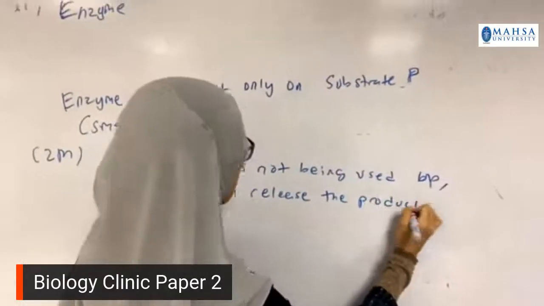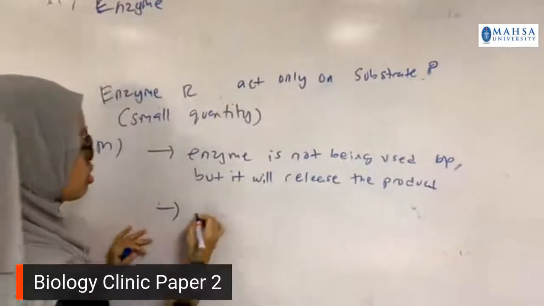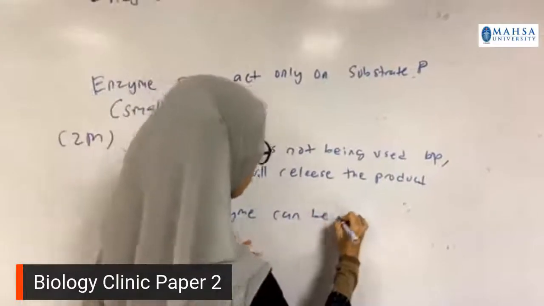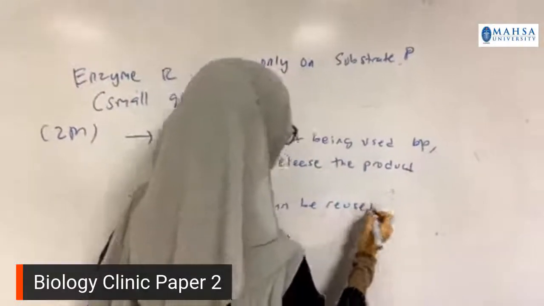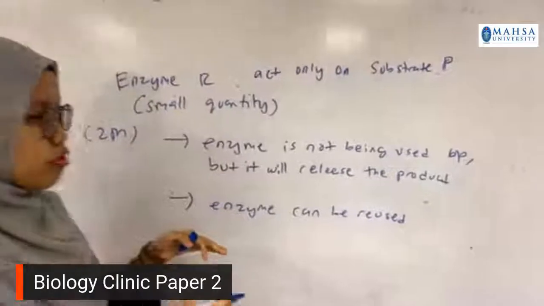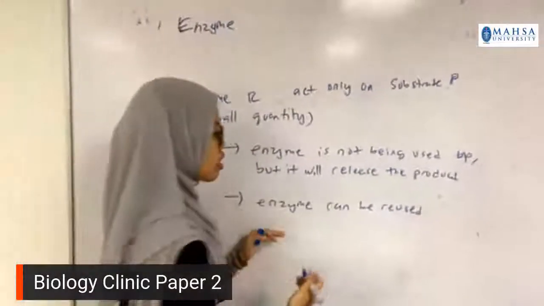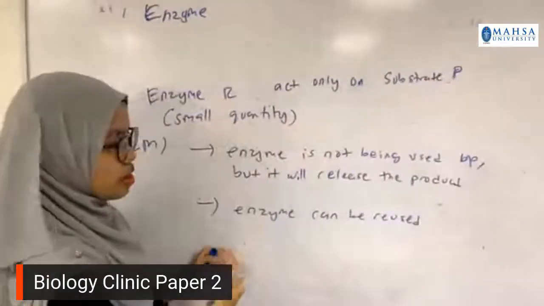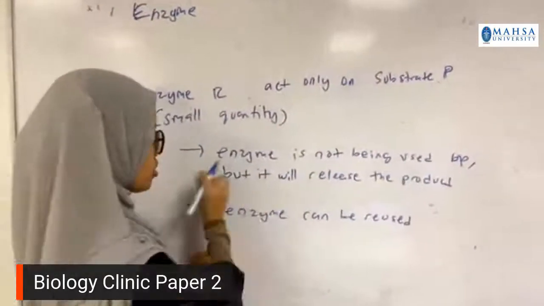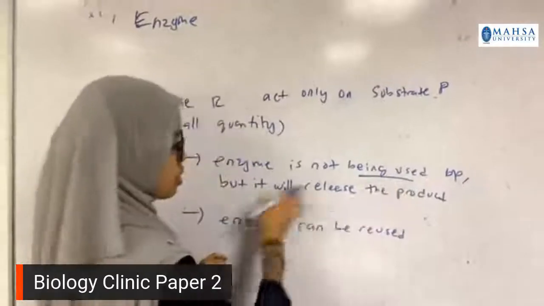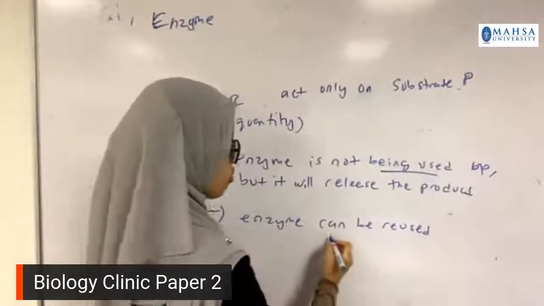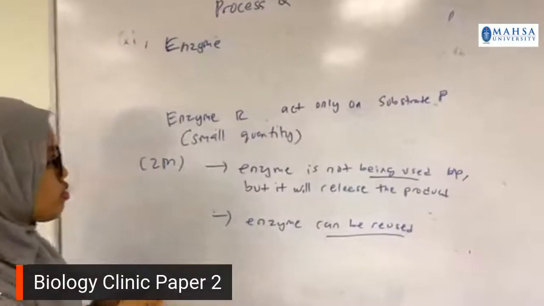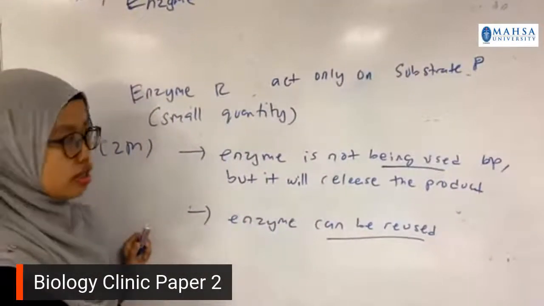Another is that the enzyme can be reused over and over again. Substrate P binds with the enzyme and produces the product. So the keywords: the enzyme is not being used up, it releases the product, and it can be reused multiple times. That is why we need enzyme in a very small quantity.